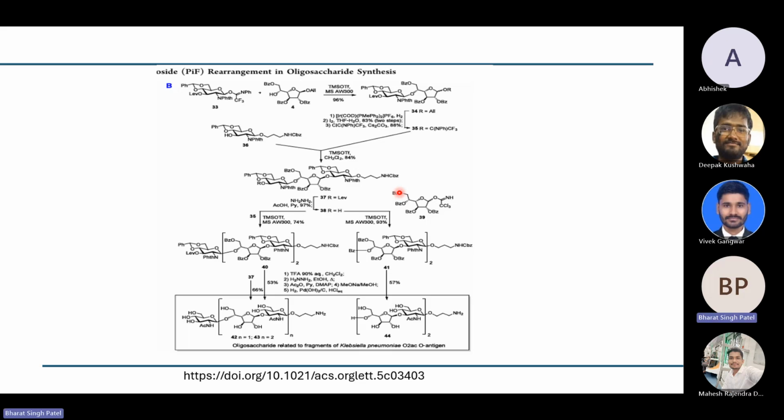Not as such, because every time, whatever they have reported is exclusive, whether they are getting alpha or beta. But whatever protecting group they are using, it forms the beta configuration only.